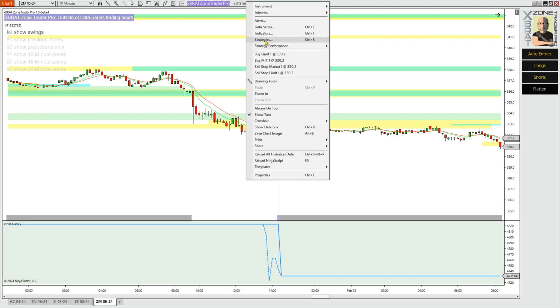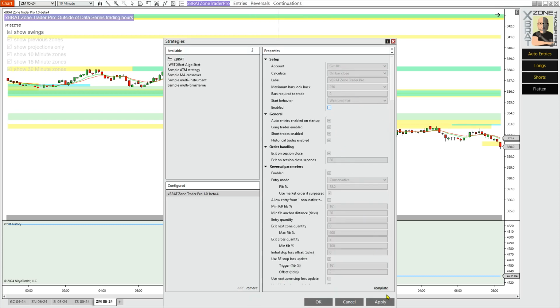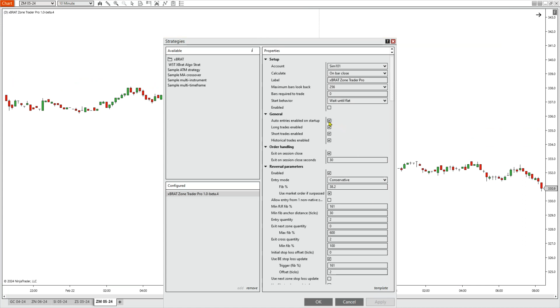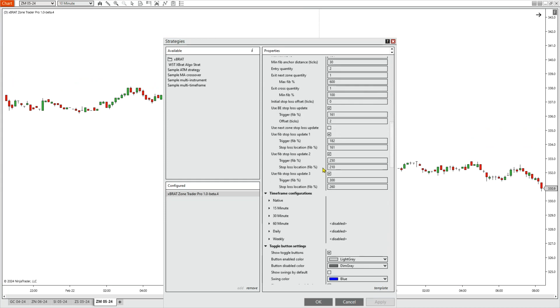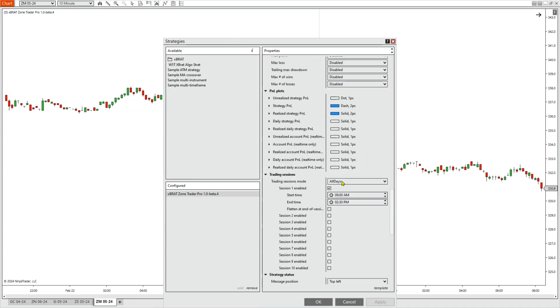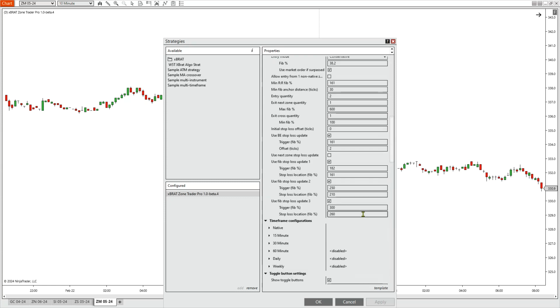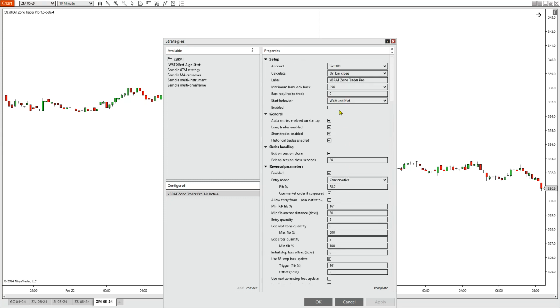Let me just see. So we've got exit on session close. Perfect. So I just want to change that time slightly. No, it's not going to make it. I don't think it'll make a difference to where we need to go, because that's when the actual session closes anyway for ZM.